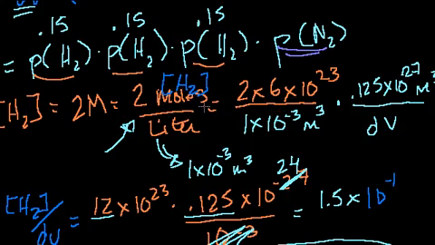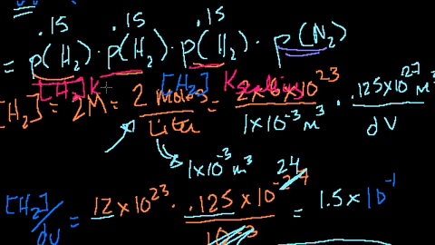We could just say that this was just equal to the concentration of hydrogen times, based on how I picked my dV, I had to do all of this scaling, but it was times some constant of scaling to my appropriate factor. So this is just the concentration of hydrogen times some scaling factor.